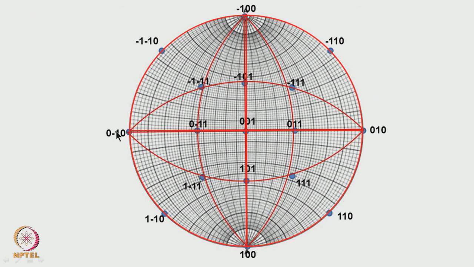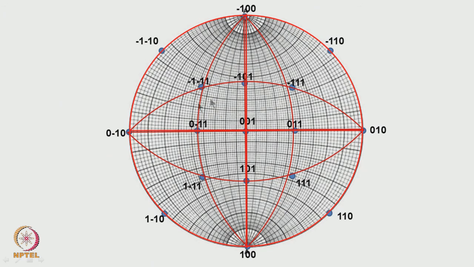Okay. Then if we have marked 011, we can draw a great circle corresponding to it, the way we learned in the last class. We can draw another great circle. Similarly, 101 will come in between at 45 degrees. 1-bar01 will come between 001 and 1-bar00, at an angle of 45 degrees.